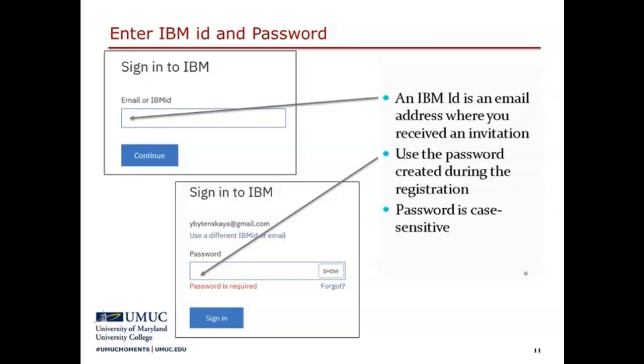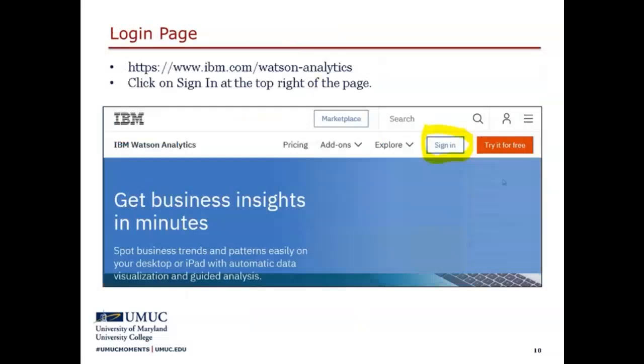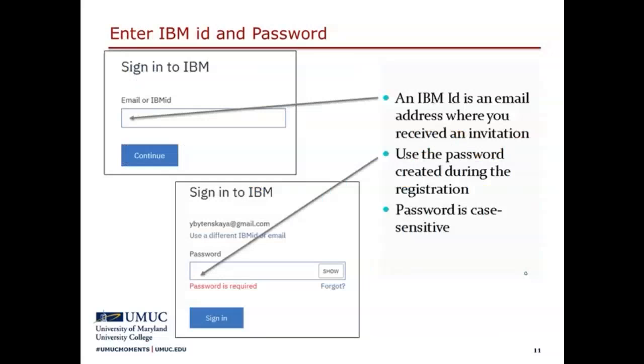Now, attention students who already had an account, right? If you don't remember a password, this is what you need to do. This is a login page, right? You're going to click on sign in on this login page. After you enter your IBM ID, this screen, see this? Forgot. If you forgot your password, this is where you click.